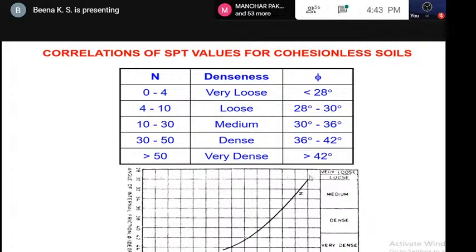Here we have a chart in the IS code that gives standard penetration resistance versus angle of internal friction. This is a very useful thing. From here, for different N values, we can correlate the value of phi, the angle of shearing resistance, and once we get the value of phi, we can directly chart out the Nc, Nq, N gamma values.